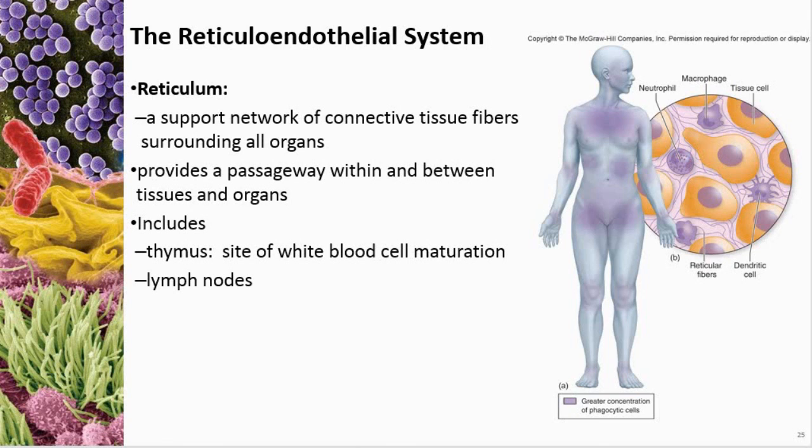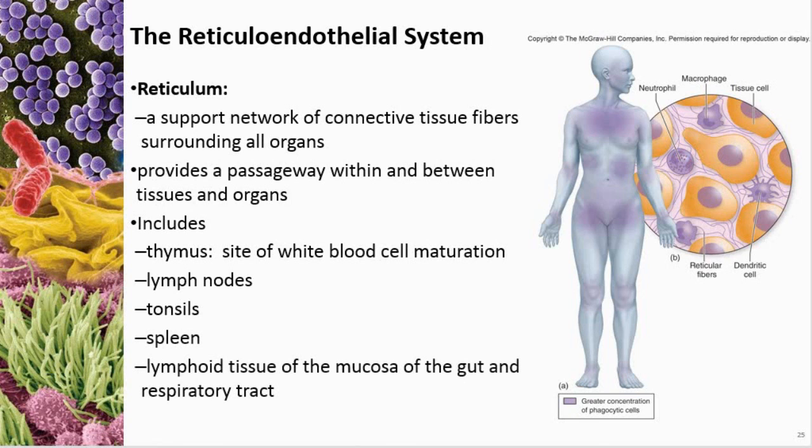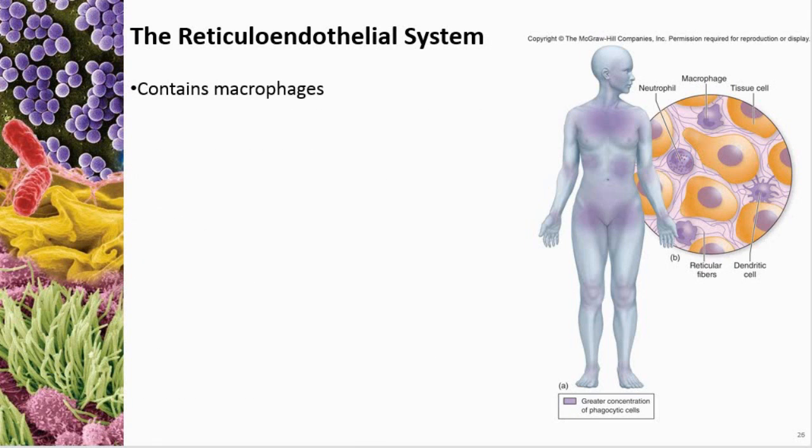Lymph nodes, which are obviously part of the lymphatic system. Tonsils, which are clusters of lymph nodules, which are obviously part of the lymphatic system. The spleen, which is part of the lymphatic system. And lymphoid tissue in the mucosa and the gut. Remember the GALT? I think we talked about that. But also in the respiratory tract underneath the mucous membranes or mucosa. So inside of this reticuloendothelial system, we have macrophages.